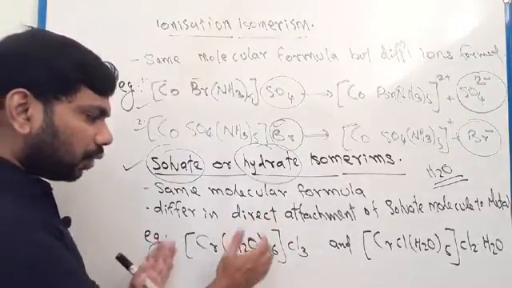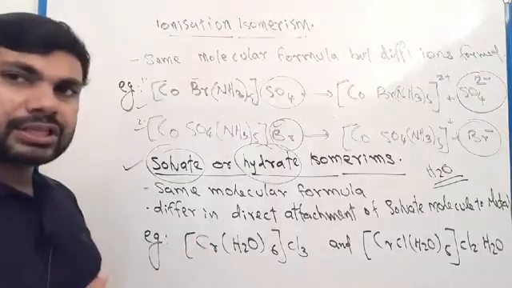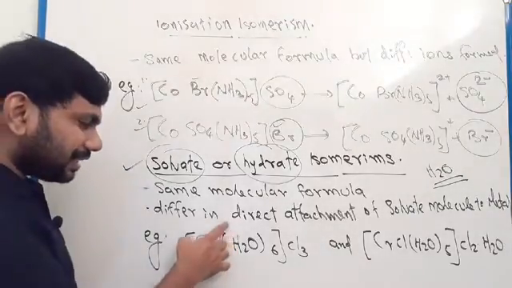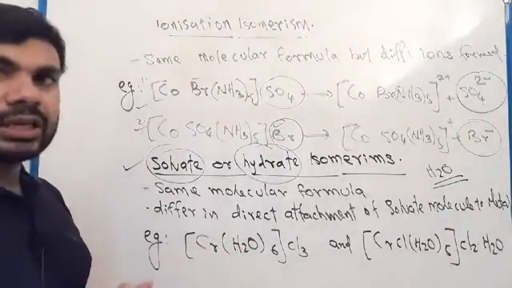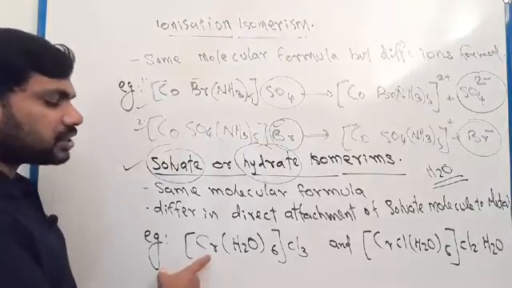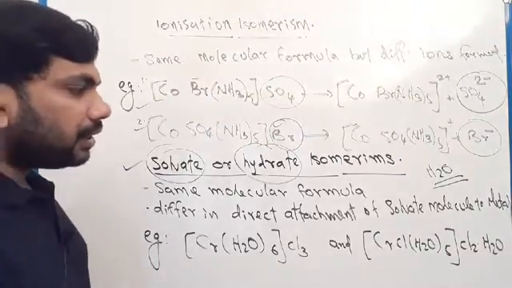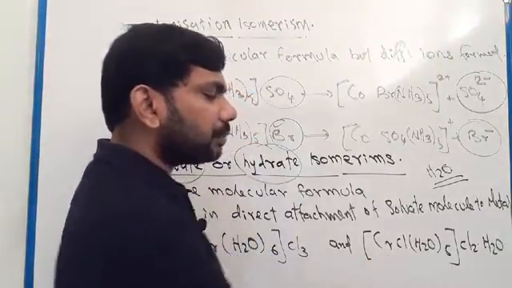Ligands inside the coordination sphere are directly attached to the central metal atom. They are the secondary valency. You can see here 6 water molecules directly attached to the central metal atom, and here 5 water molecules directly attached.